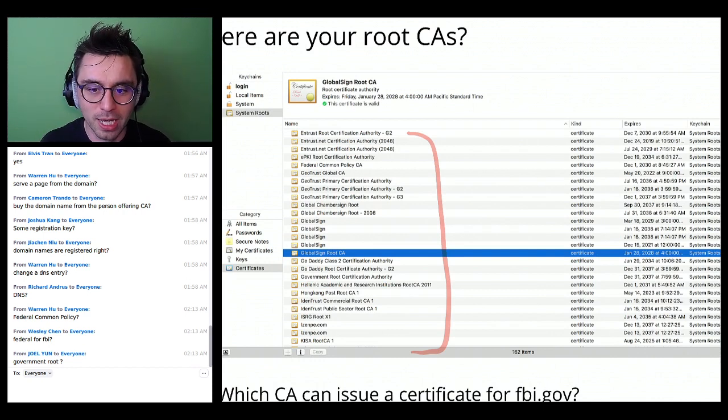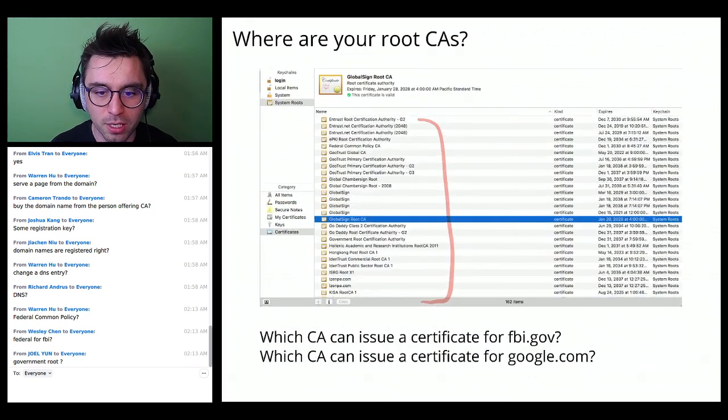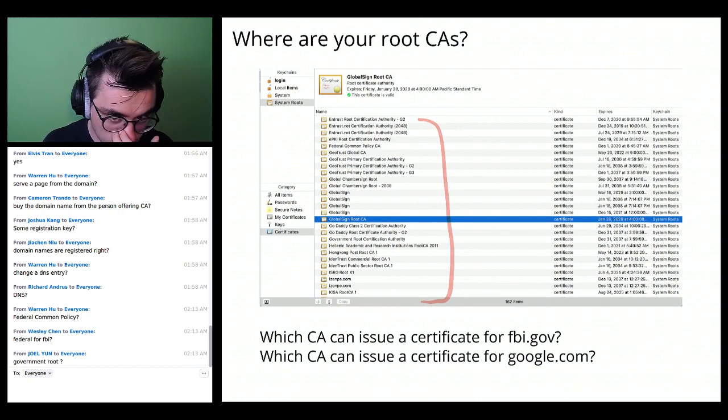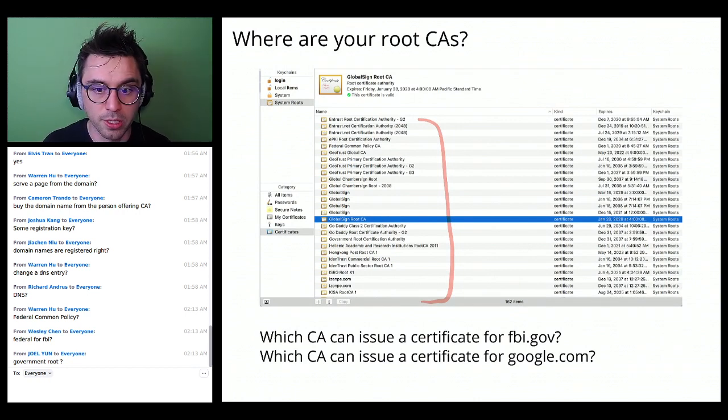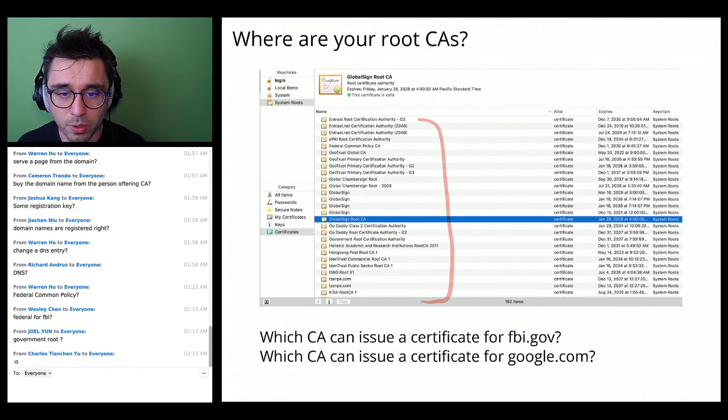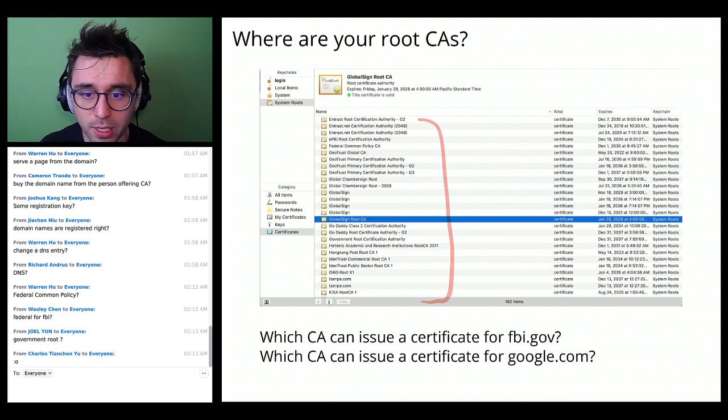A CA can sign a certificate for whatever domain. There's nothing that makes one CA more special than the other. Of course, the FBI might want to get a particular CA to sign their public key, but anybody can actually sign a certificate for FBI.gov.